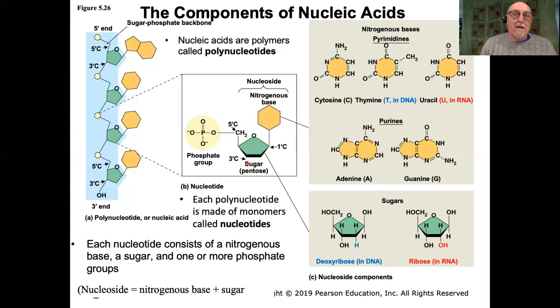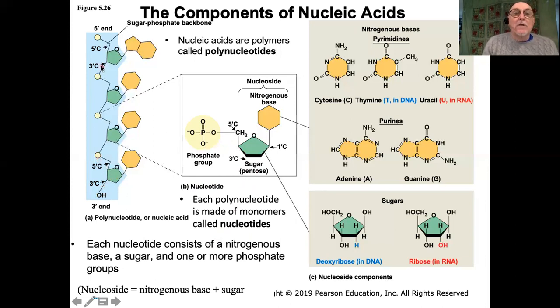And if I want to make a nucleic acid chain, I have to bring in a new nucleotide here, and I'll react the phosphate of my new nucleotide with the hydroxyl group here. This is the reactive site on this molecule. And I'll bring in another nucleotide here, and I'll join it by forming a join between the sugar and the phosphate.